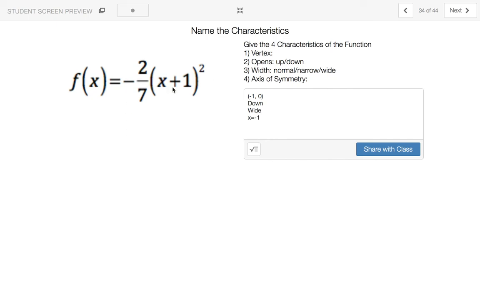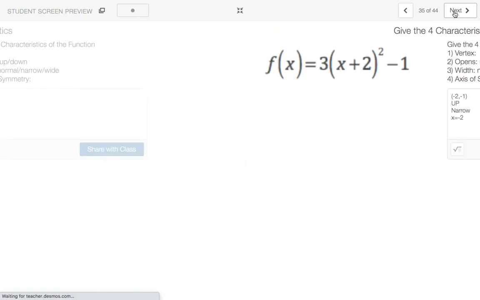It's going to be facing downward because a is negative, and it's going to be wider because the a value is less than 1. Okay, x equals -1, and the -1 means that it's going to be the same value as the x coordinate in our vertex.